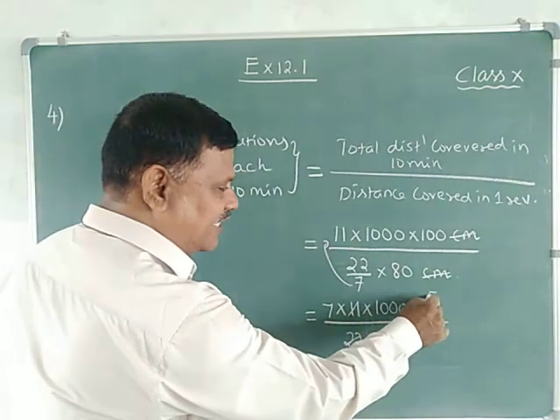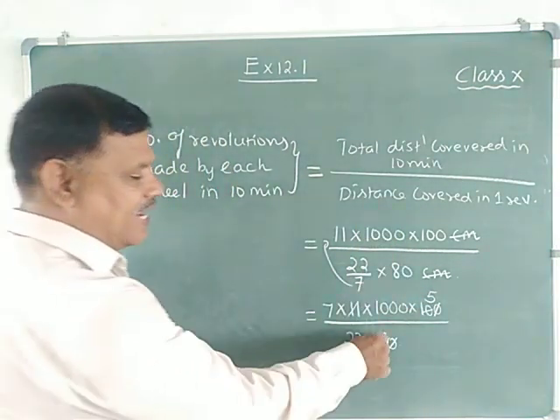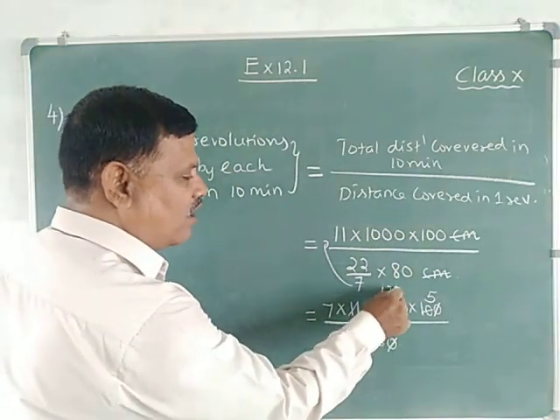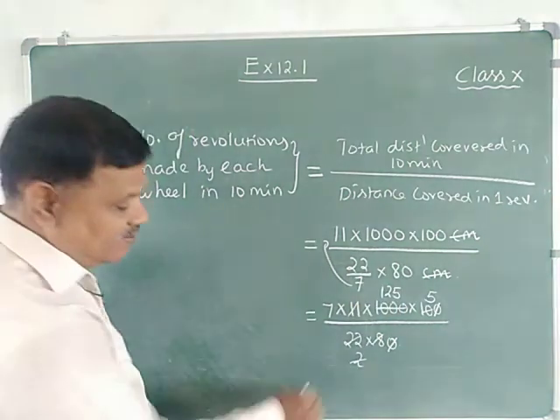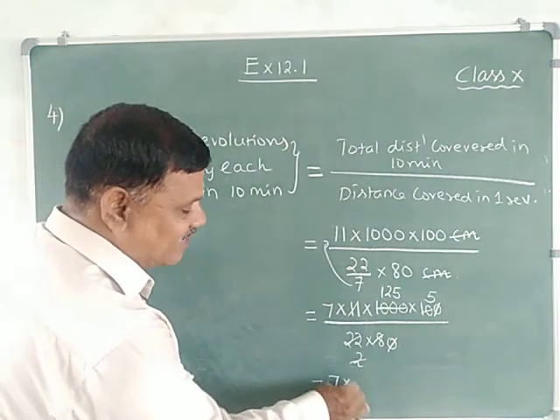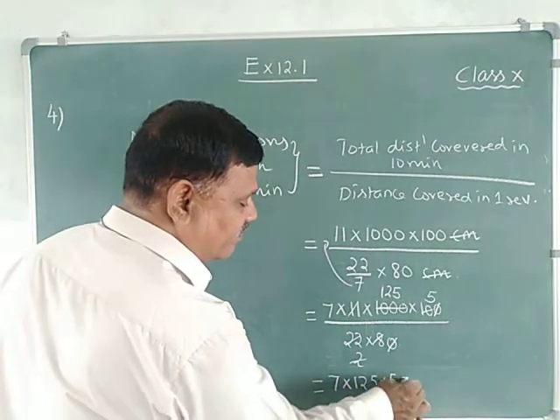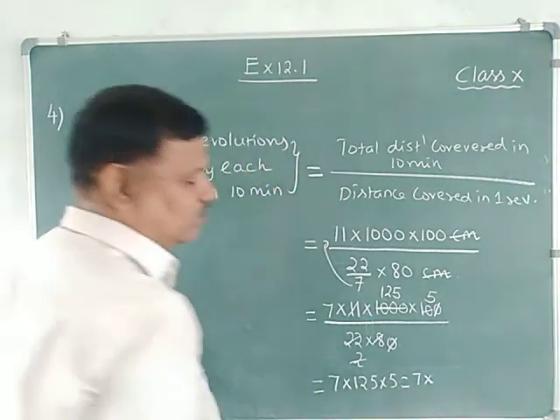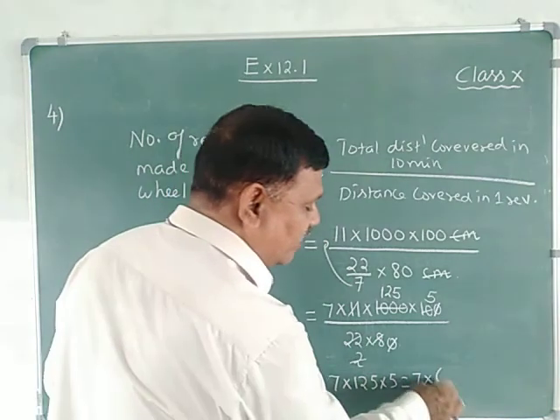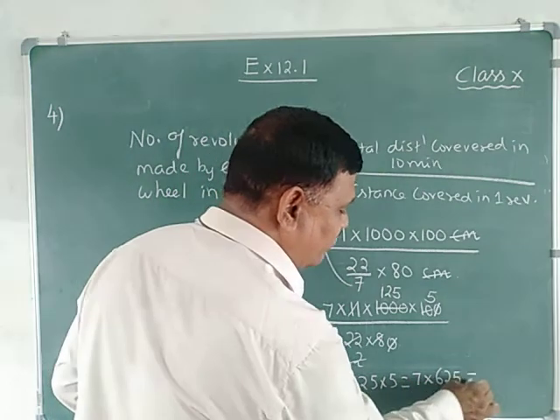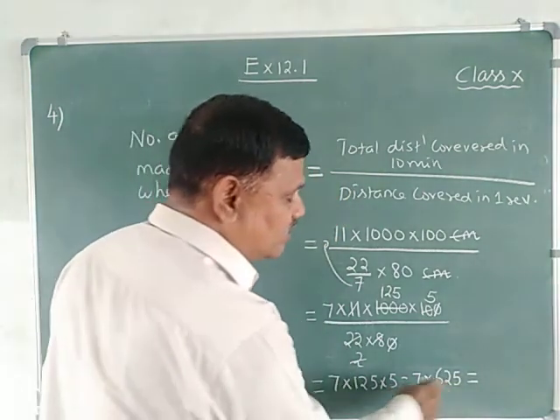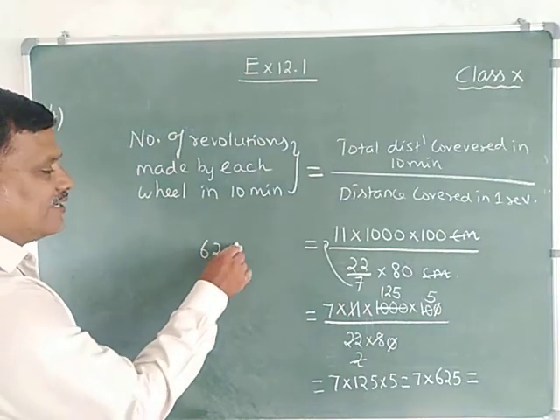And 2 cancels 10 for 5 times. And 8 cancels 1000 for 125. That gives you 7 into 125 into 5. That is 7 into 125 into 5 is equal to 625 into 7.